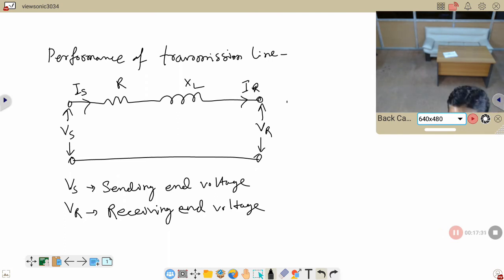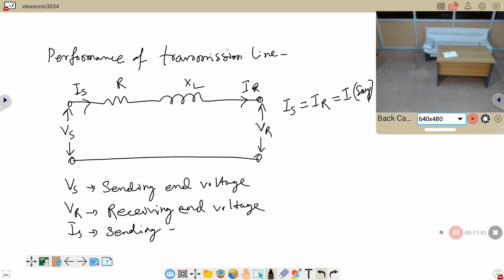That means here we can say Is equal to IR equal to I. Is is the sending end current, IR is the receiving end current.